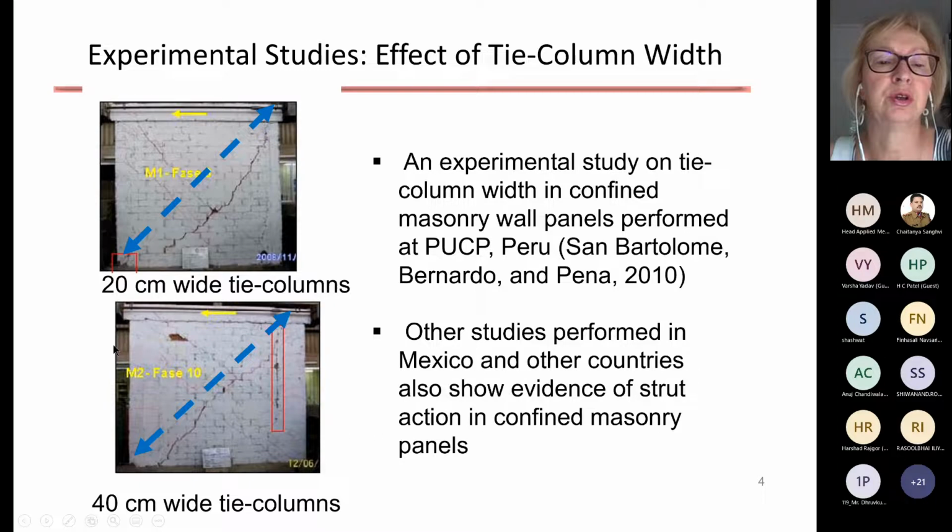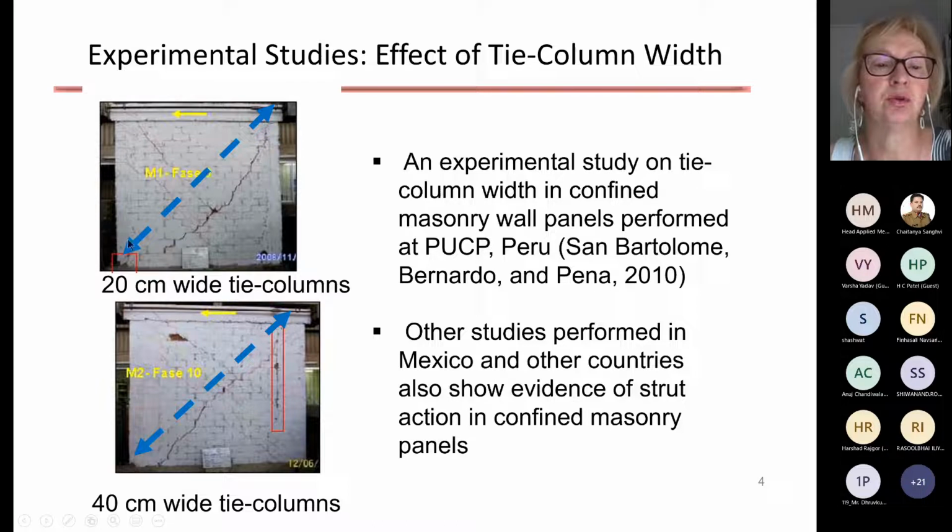The top shows 20 centimeter wide tie columns and the bottom shows 40 centimeter wide tie columns. It is better to have less width of tie columns, like the upper one. It gives better behavior, and in fact it is more characteristic of confined masonry.